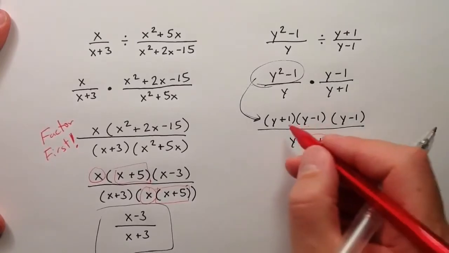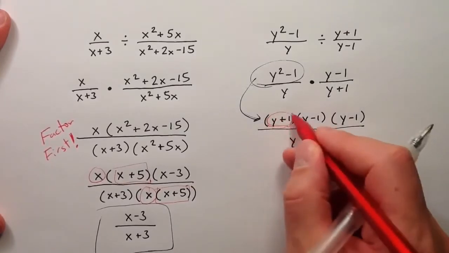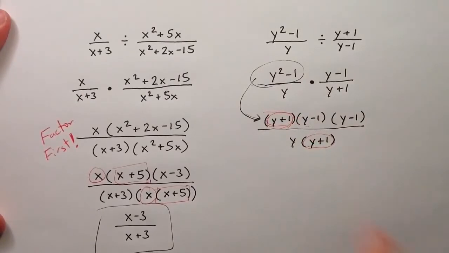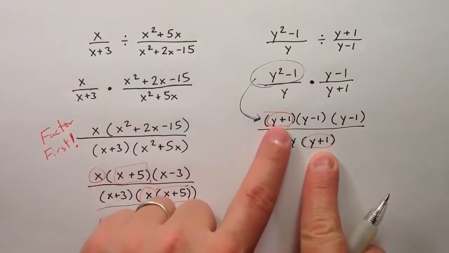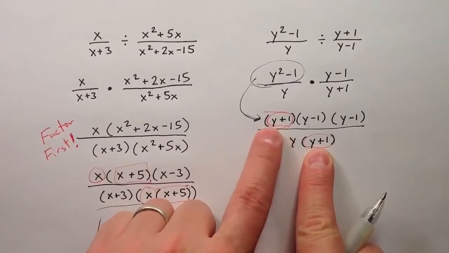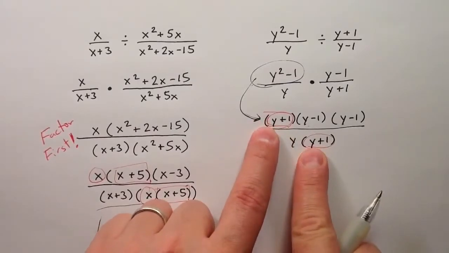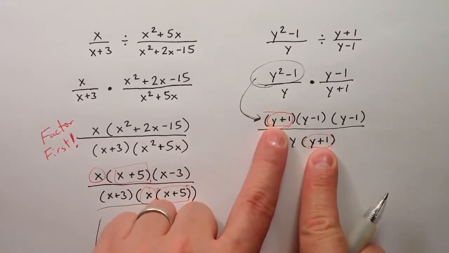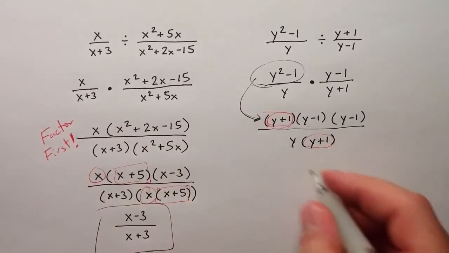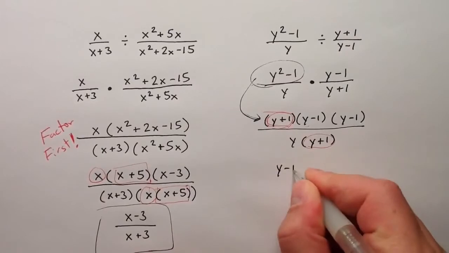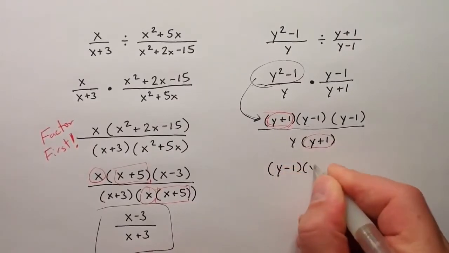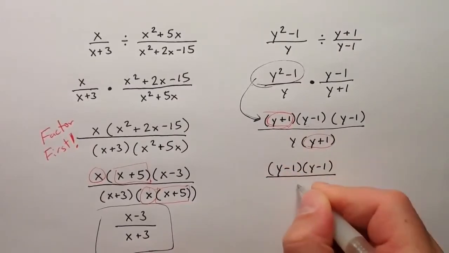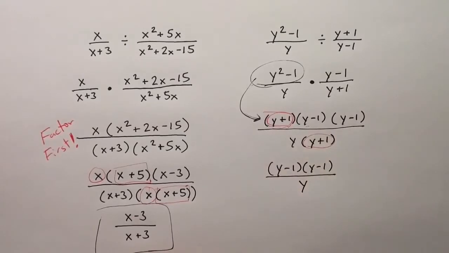So the y plus 1 and the y plus 1 are common factors. Taking both of those together, individually they're not. I can't cancel just the y with a y. I can't cancel just the 1 with a 1, but together I can cancel them as common factors. So we're left with y minus 1 times y minus 1 up top, and just a y in the denominator.